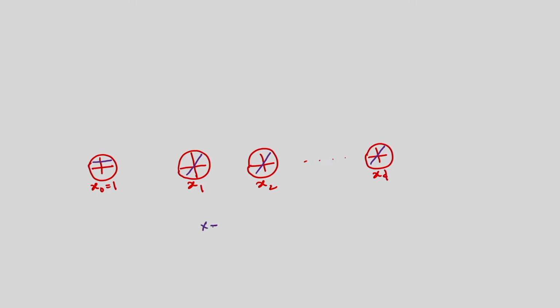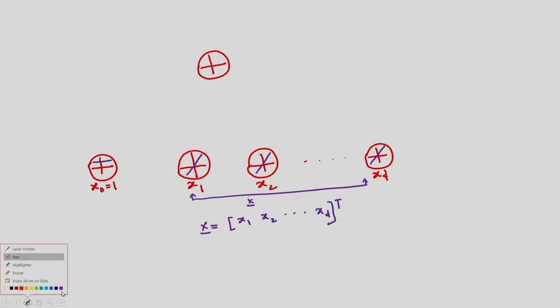So my Fisher vector x is equal to x1, x2 up to xd. This is my feature vector x, and suppose I am considering this the final classification node. Corresponding to this I am getting the output, the output is g(x).